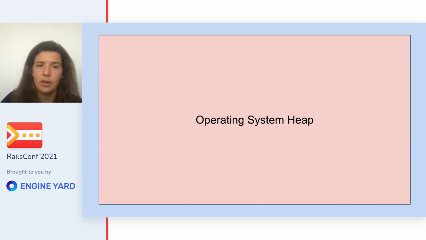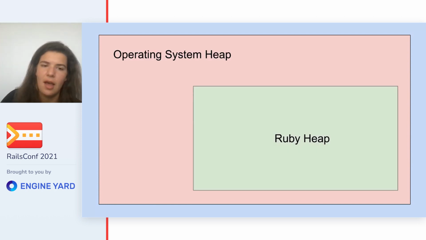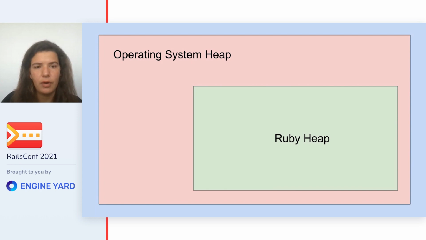And any machine you're running your Ruby code on will have this kind of big memory store, and within it, obviously not to scale, will be a Ruby heap. It's going to feel like turtles a little way down, and what we're looking for here is where our object is going to live. And this Ruby heap can sometimes have references, we'll get to this, to the operating system heap.